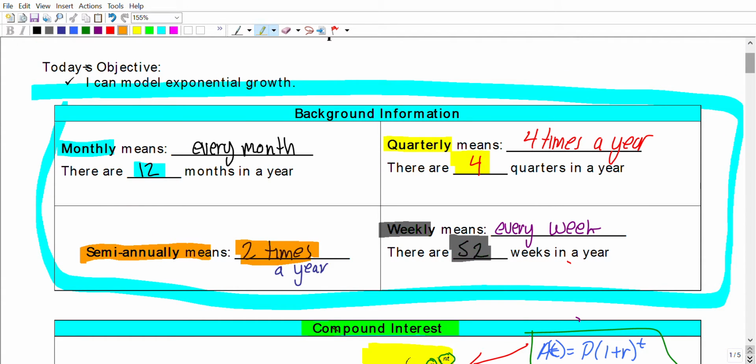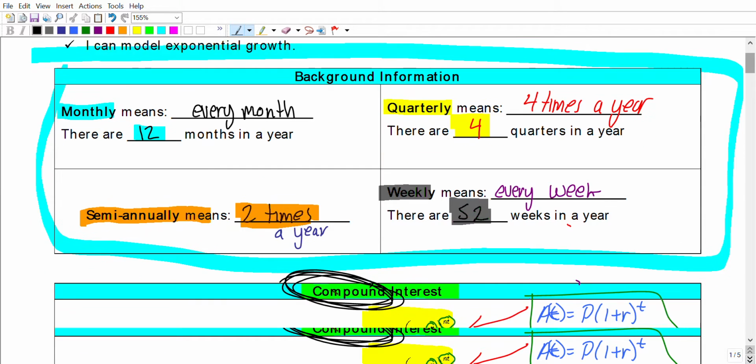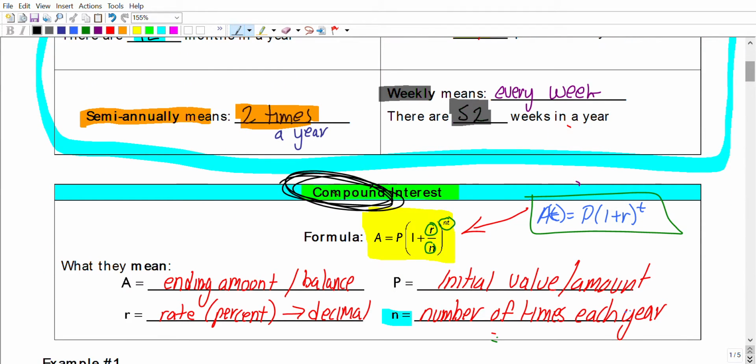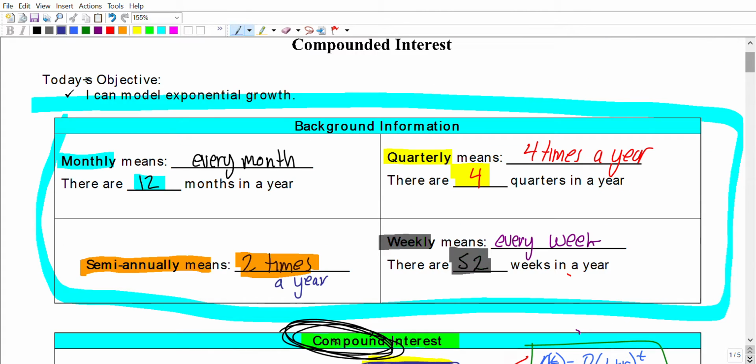As soon as you hear the word compounded, guys, in any one of your problems, even on your test, quiz, anything like that, you know for a fact you have to use this equation, the runny nose needs tissue equation. Okay, and just remember what each of those things means. You will definitely be seeing things like monthly, semi-annually, weekly, and quarterly.